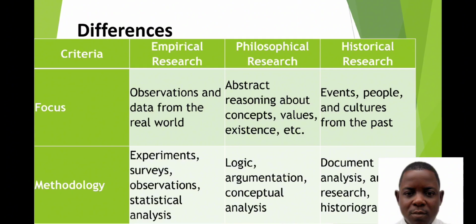Now, looking at the methodology of these different types of research, for empirical, the methodology is usually experiment or survey. It could be observation, it could be statistical analysis. These are the methodologies. Then for philosophical research, the methodology is on logic, argumentation, and conceptual analysis.